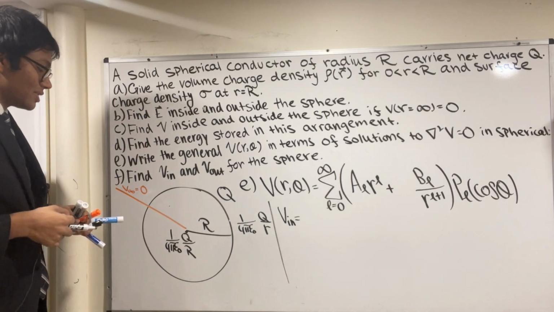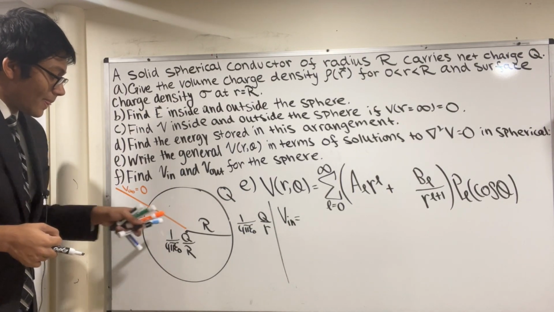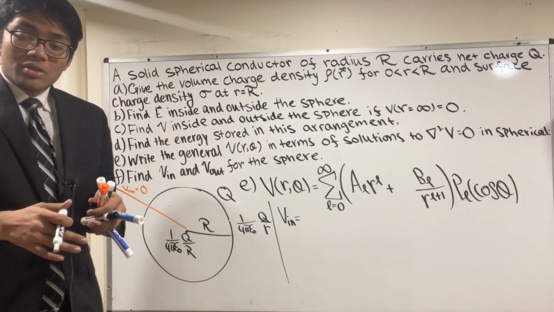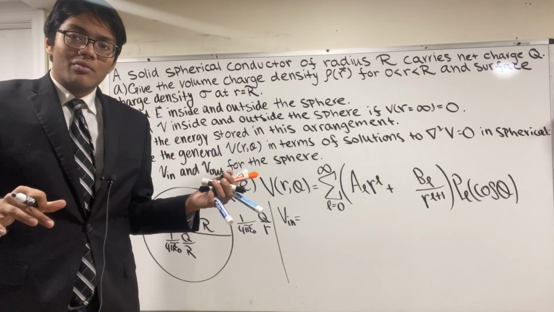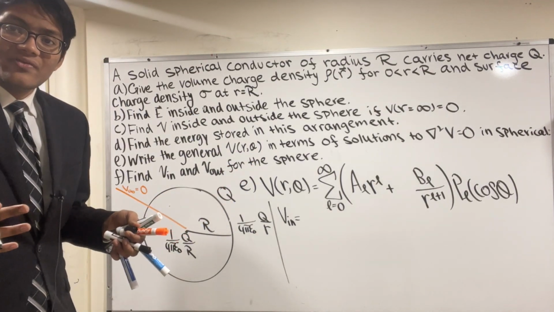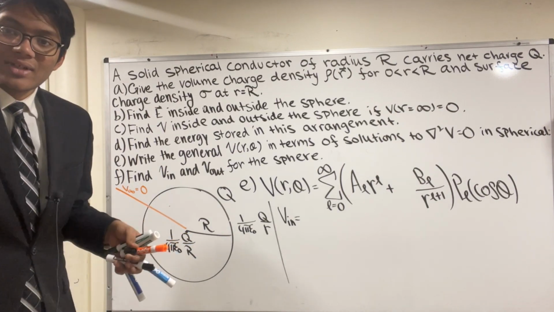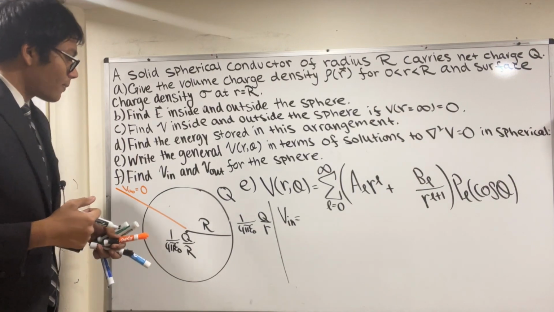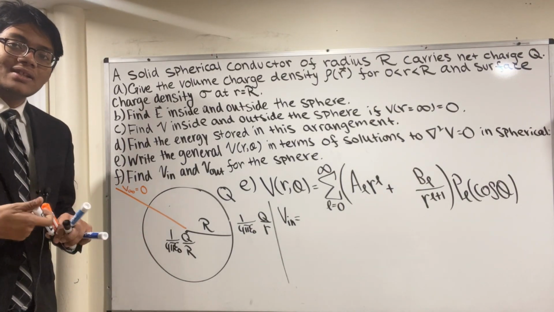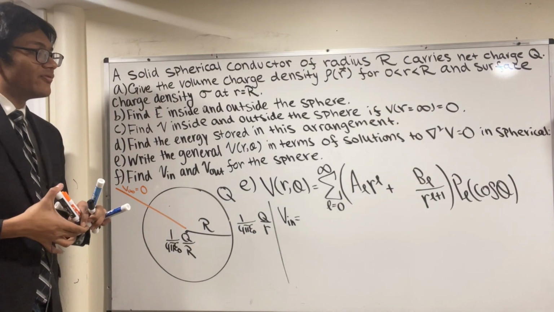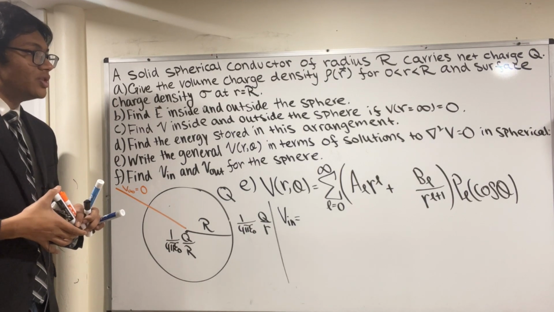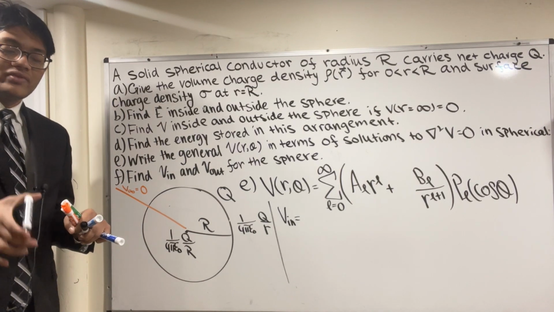Now, the electric potential cannot be infinity anywhere, right? If the electric potential is infinity at any point, that's like a physical wall. Things cannot be there, right? It's like a barrier. So we have to prevent the electric potential from reaching infinity, from shooting out to infinity.